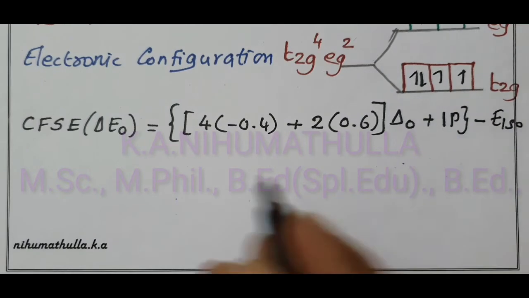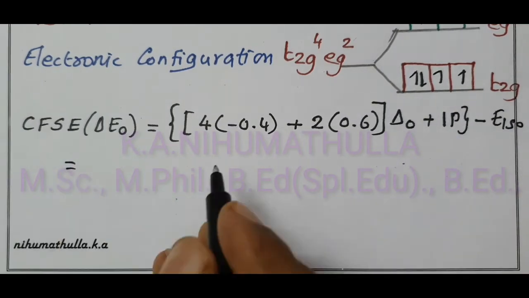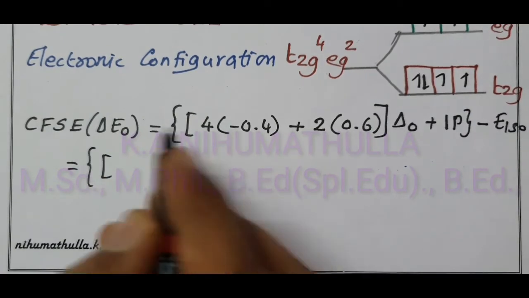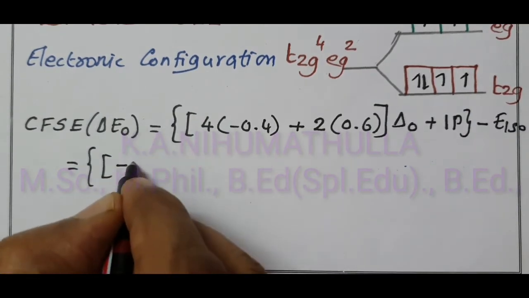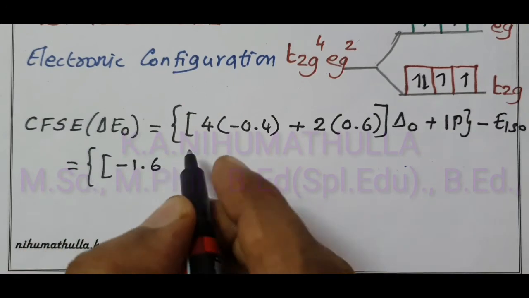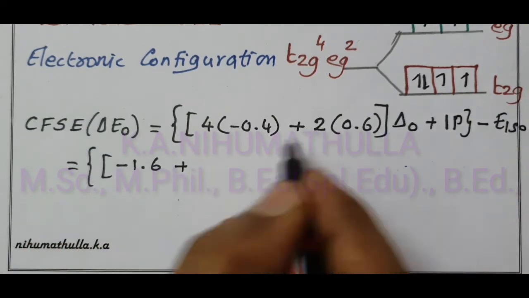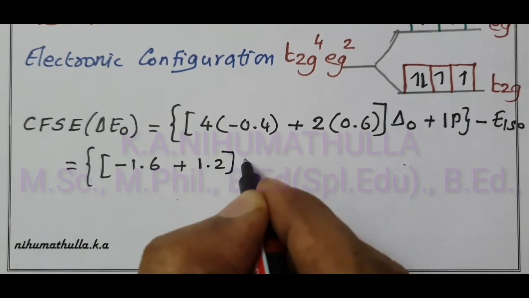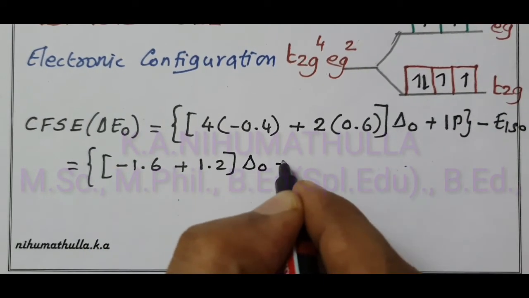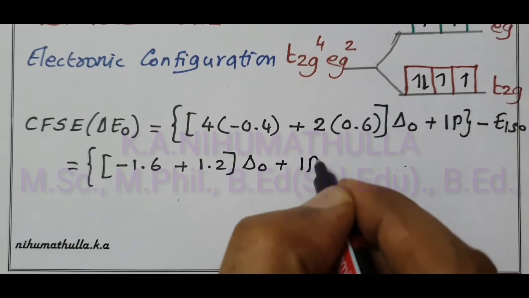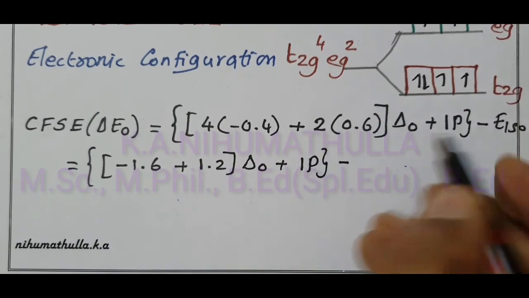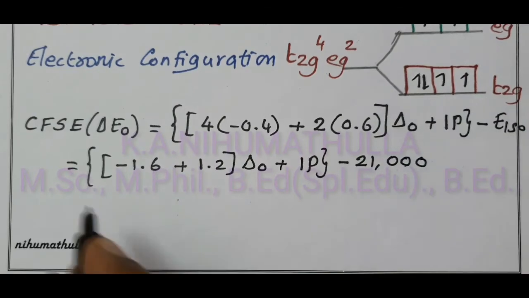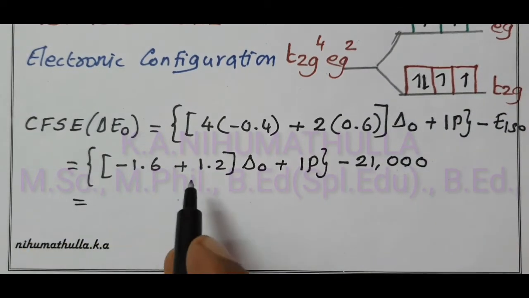In the next step we fill in the values: 4 into minus 0.4 is minus 1.6, plus 2 into 0.6 is 1.2, times delta O, plus 1 into the pairing energy, minus E isotropic, which we have calculated as 21,000.